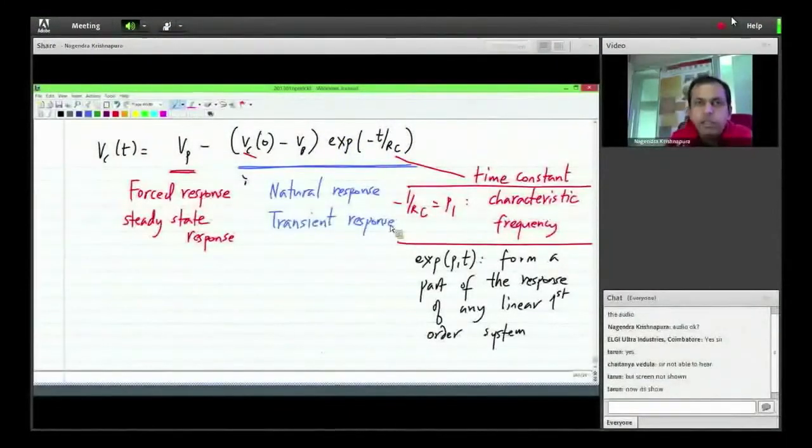There are some small modifications which we will not go into, but this is generally the case. Okay. And the total response always consists of forced response, which depends solely on the input, that is the driving function or the forcing function, and the natural response, which depends on initial conditions and the forcing function and the natural response of the circuit of the form exponential minus t by RC. Okay.